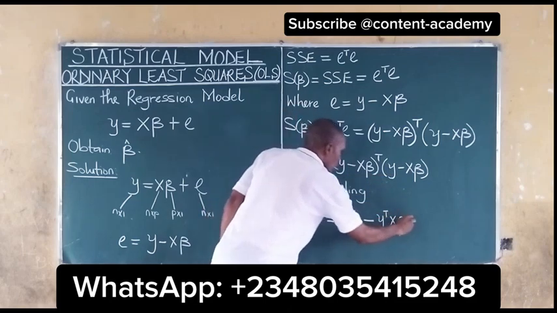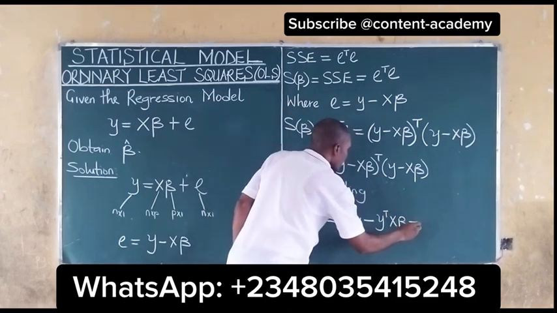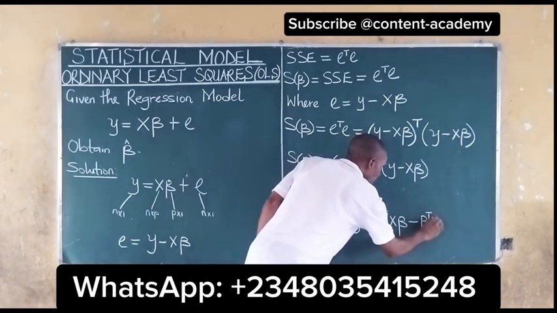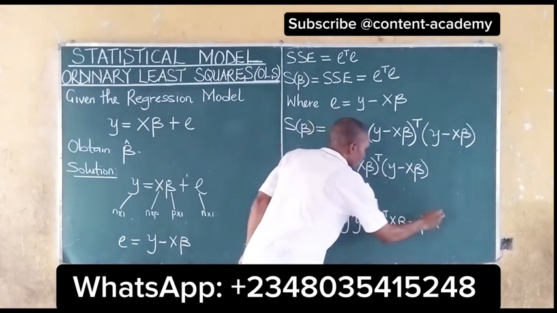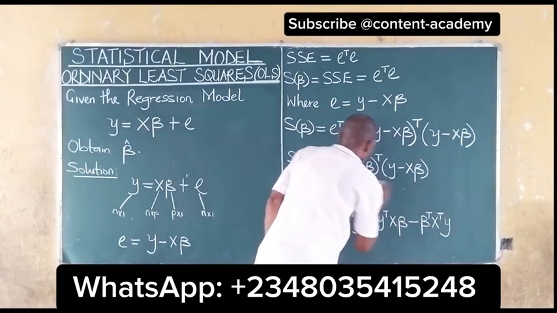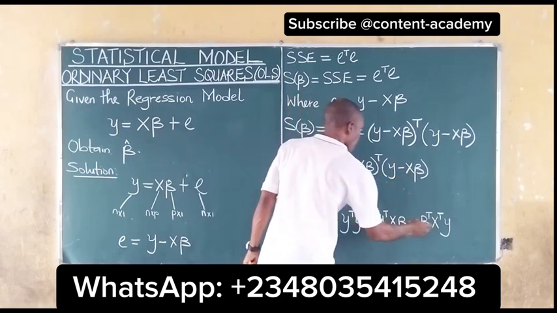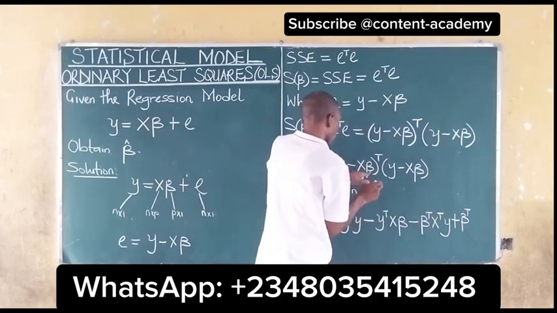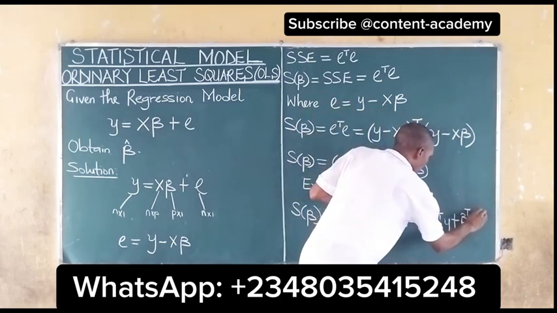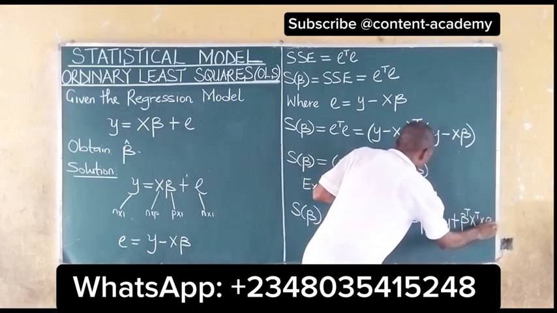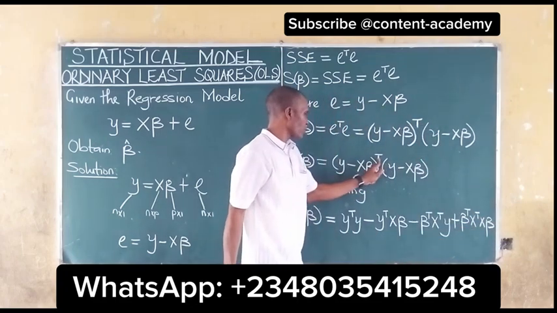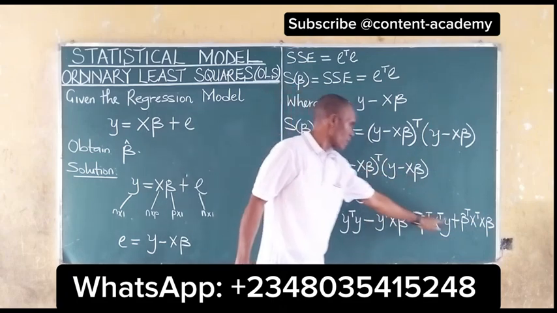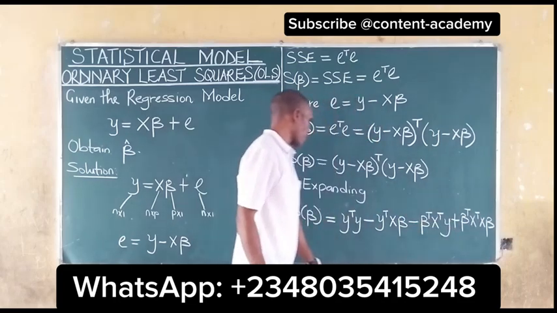This multiplied by this, we have minus b transpose X transpose y. And this multiplied by this, we have plus b transpose X transpose Xb, and this is a positive sign.